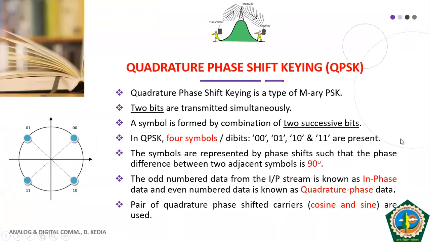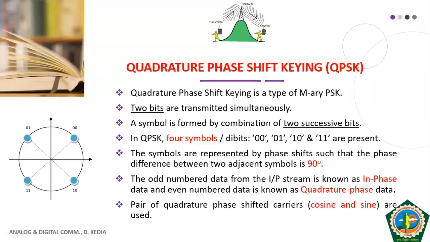As I told you in yesterday's class, we talked about binary PSK. Binary means two. We know that one bit was transmitted at a time in binary PSK, that is either 1 or 0. Since we had only two symbols, its name was binary PSK.